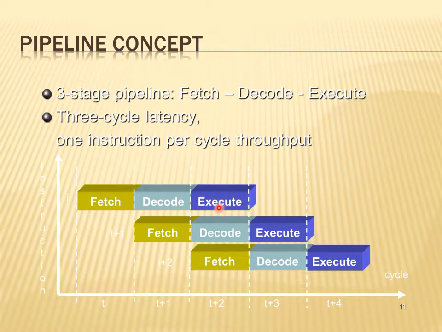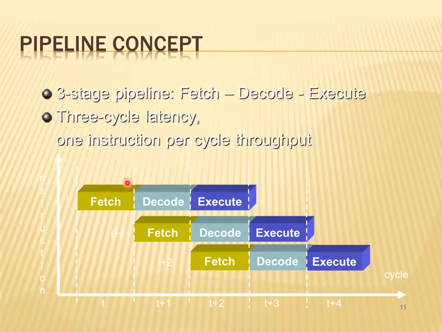Now, what is meant by pipelining? The three stages, fetching, decoding and executing, are applicable to any single instruction. Pipelining means that once the first instruction has been fetched, in the next machine cycle it goes for decoding. While the first instruction is being decoded, the second instruction is fetched.